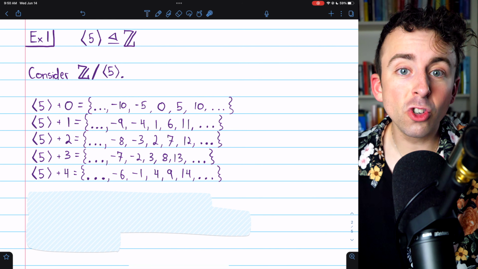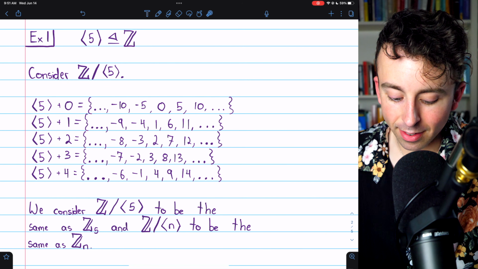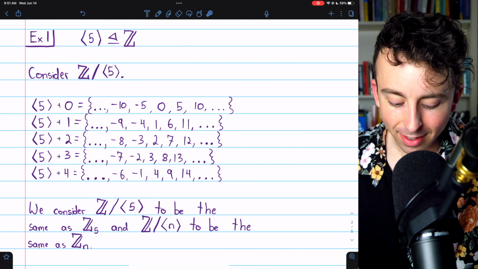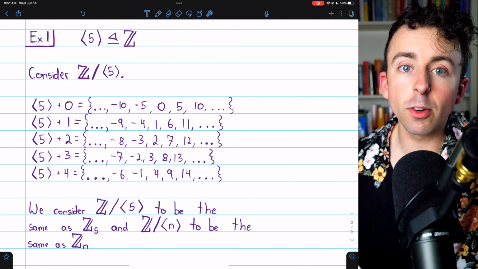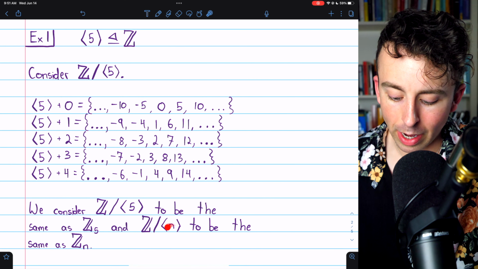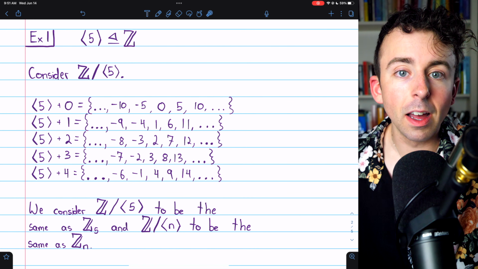It works just like addition mod 5. In fact, we consider this quotient group to actually be the same as the group Z mod 5. And in general, we consider the quotient group of the integers by the cyclic group generated by n to be the same as the group Z mod n.